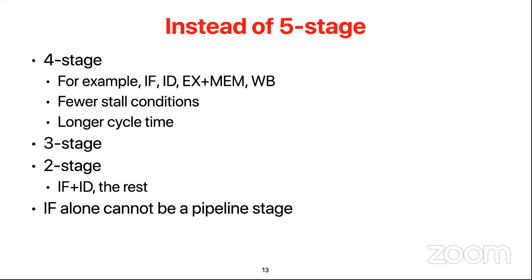An example is IF, ID, a joined EX plus MEM, and write back. Because MEM is already the critical path, this is not going to be very efficient, but it should be better than a single-cycle processor.